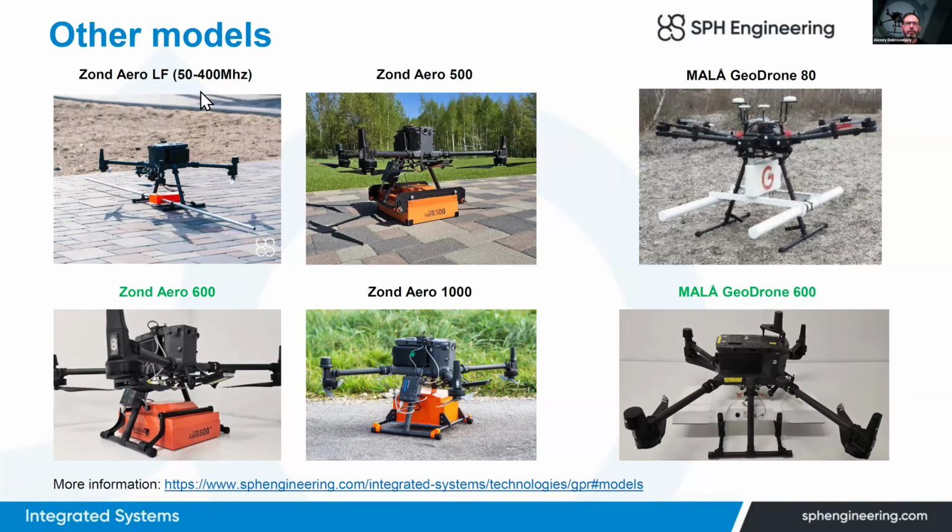For the MALÅ GeoDrone current line, the new model MALÅ GeoDrone 600 in terms of capabilities and all major parameters is the same as Zond Aero 600, and they have a quite old model of low frequency radar called GeoDrone 80.